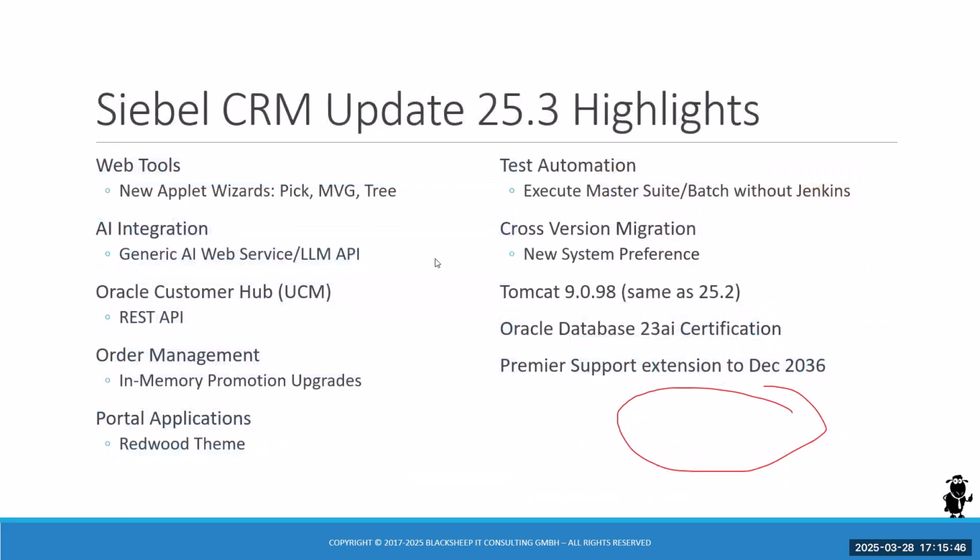And now let's go to 25.3, and that is actually quite substantial, quite the juicy release. If you look at the list of features and enhancements, gladly Siebel Bookshelf was released a few days earlier, so I was able to browse the Bookshelf guides and compile this information.